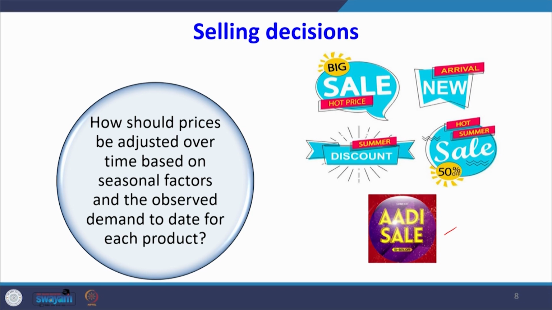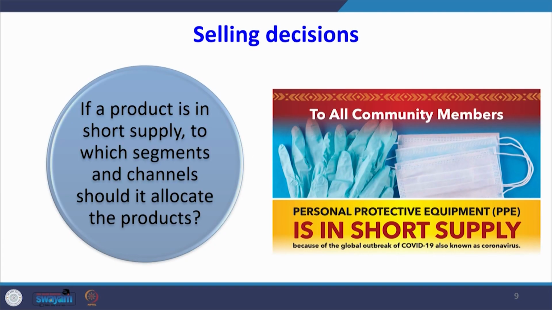Big hotels may have a season and an off season. In the off season, hotel rooms are sold at lesser prices compared to the season, because they are modifying the price. If your product is in short supply, to which segments and channels should it allocate the products? For example, when COVID was at its peak, there was a short supply of gloves and masks, so people started to sell at higher prices.